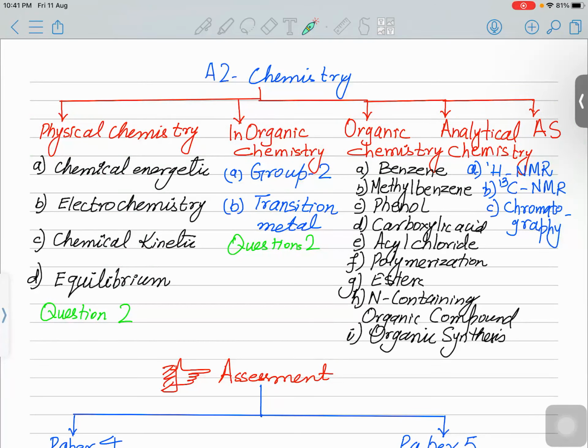And the fifth one is all content of AS. Sometimes total 7 questions are there, sometimes 11, sometimes 9. Physical chemistry gets 2 questions, the examiner takes 2 questions from inorganic chemistry, 1 question from analytical chemistry, and the remaining one from organic chemistry. Are you getting my point?